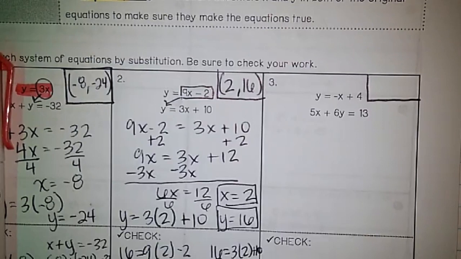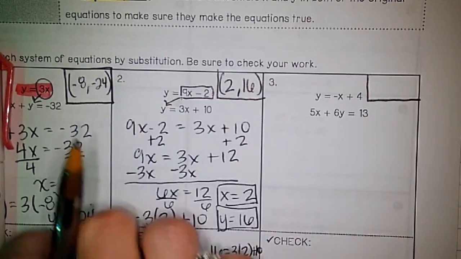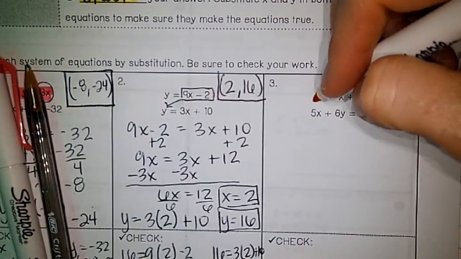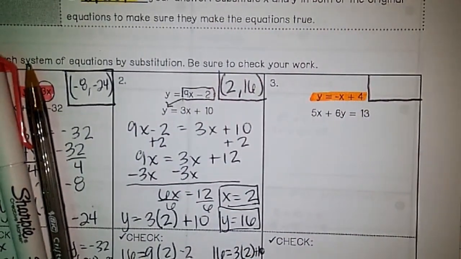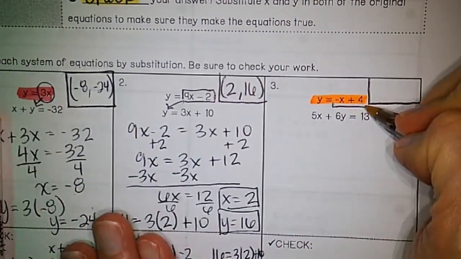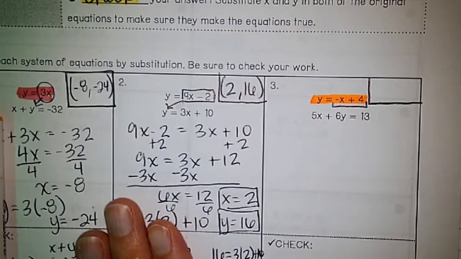So now our second step is to substitute the value that we got for y, and we need to put it where? Where the y is. Right here. So we're going to rewrite the whole thing with the information that was with the y.